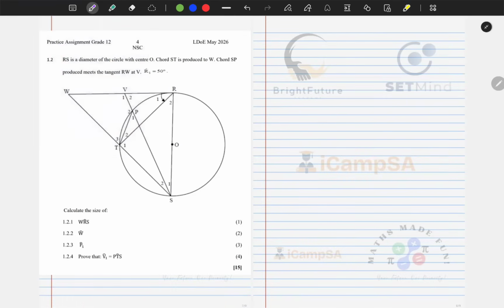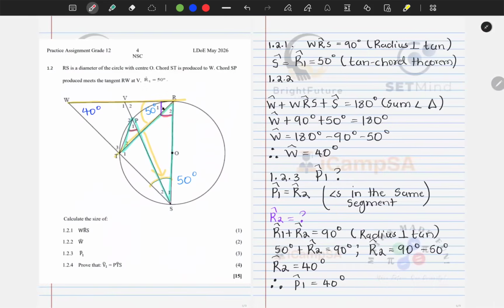So for the next question, we are required to prove that angle V1, this angle, is equal to P angle TS. Let's have a look at which angle is that. So we have P angle TS. Now, in order for us to easily prove this angle, let's quickly put in the values that we already know.